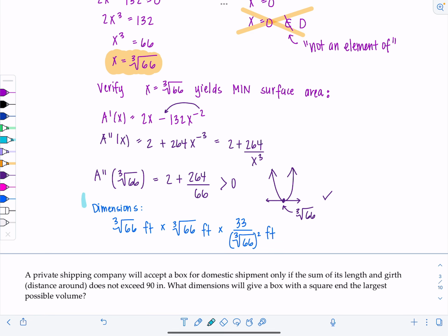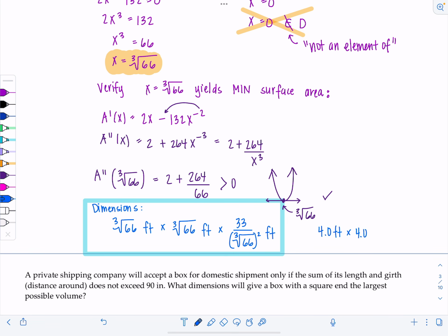That would be the final answer if you're one of my students. If you're not, and your teacher wants you to punch it in your calculator, then do it. It's approximately, if you round a lot, 4 feet by 4 feet by 2 feet. Okay? Very good.